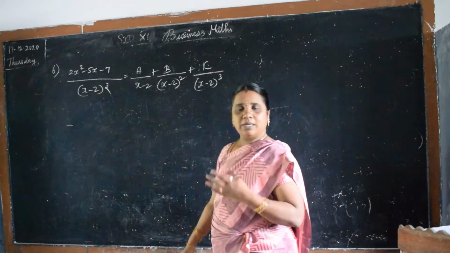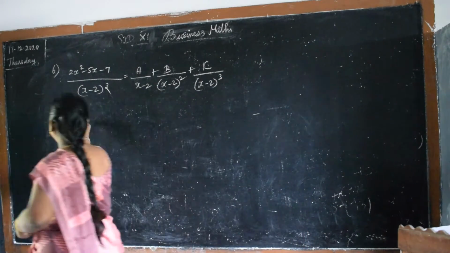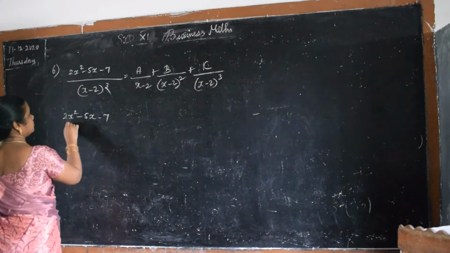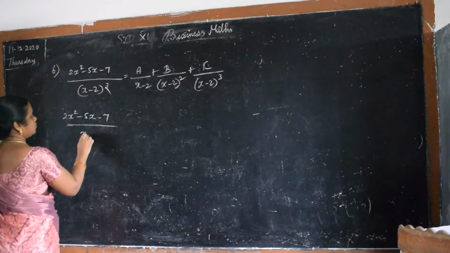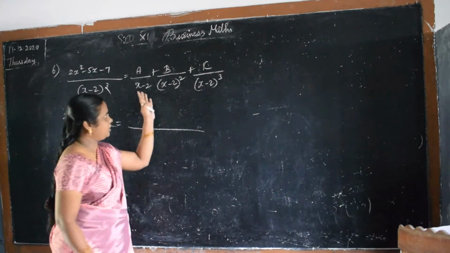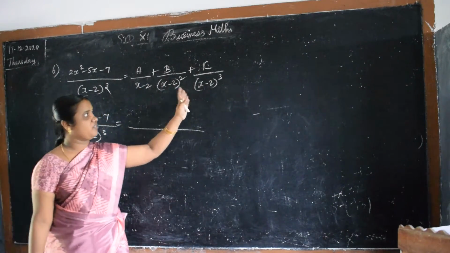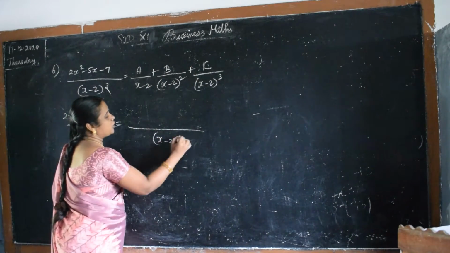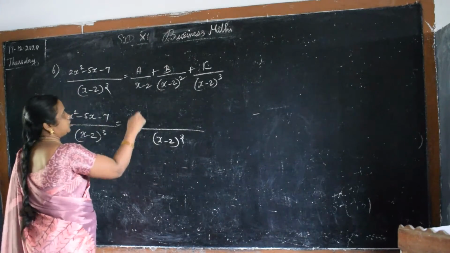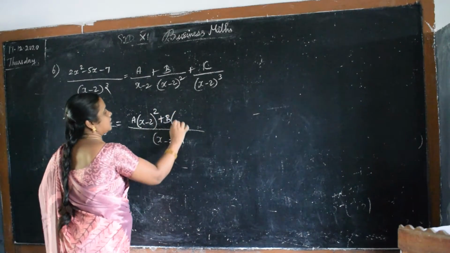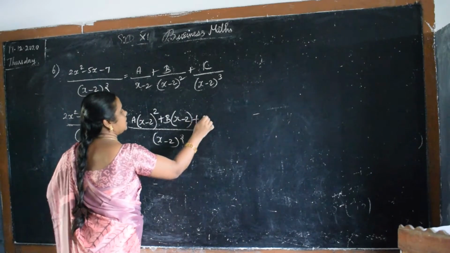Okay, split and written. Now take LCM. Our LCM is x minus 2 whole cube. Compare and see, for the same factors, write the highest power. That is x minus 2 whole cube. So a into x minus 2 whole square plus b into x minus 2 plus c.